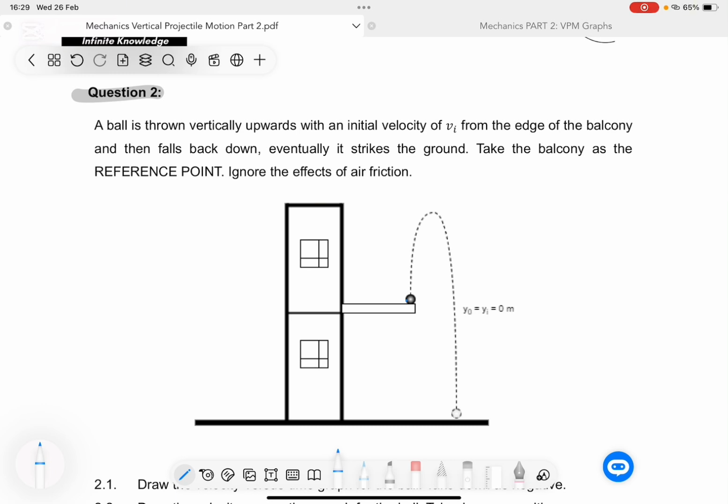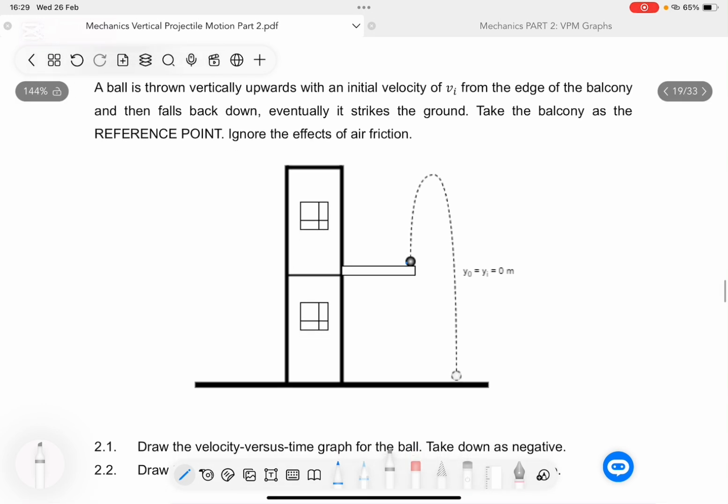Eventually it strikes the ground. Take the balcony as the reference point, and ignore the effects of air friction. So in this case, the ball goes up, comes back to where it started, and then it passes that point and goes to the ground.